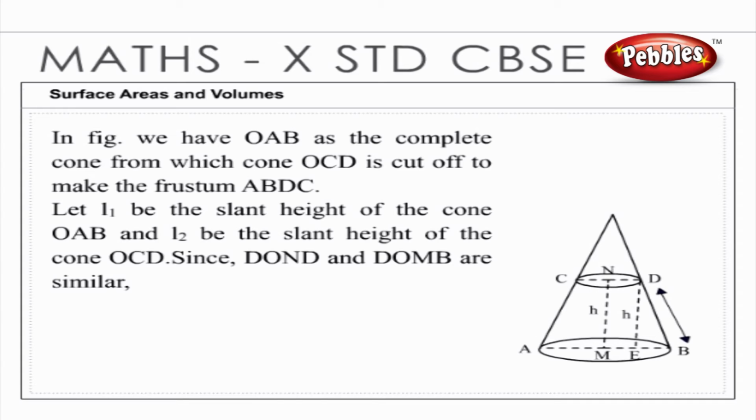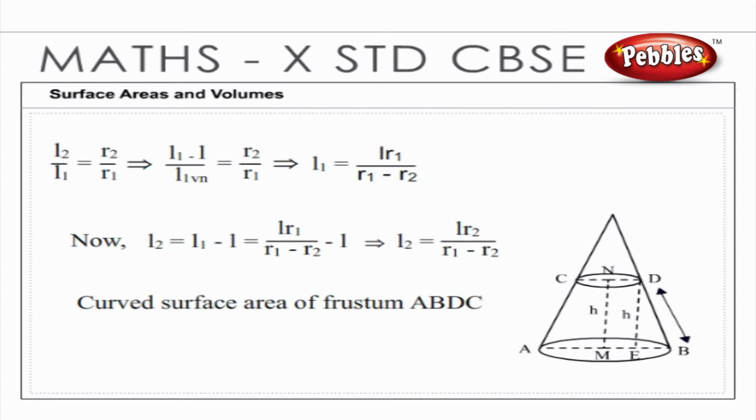Since triangle OND and triangle OMB are similar, L2 by L1 is equal to R2 by R1, which gives (L1 minus L) by L1 is equal to R2 by R1, which gives L1 is equal to L R1 by (R1 minus R2). Now, L2 is equal to L1 minus L is equal to L R1 by (R1 minus R2) minus L, which again gives L2 is equal to L R2 by (R1 minus R2).